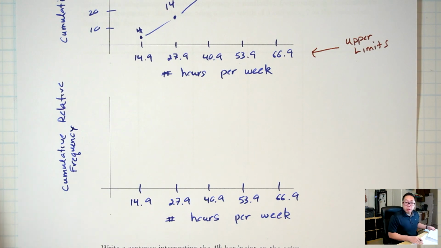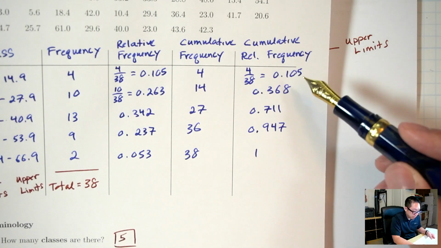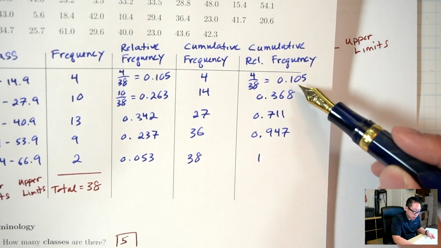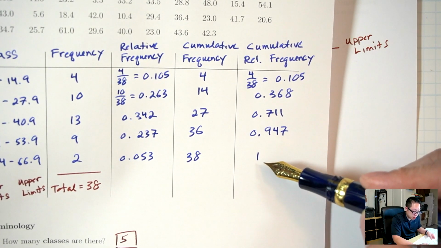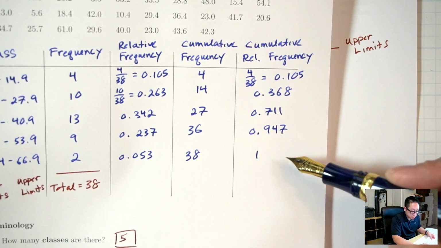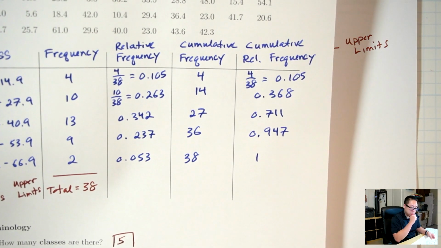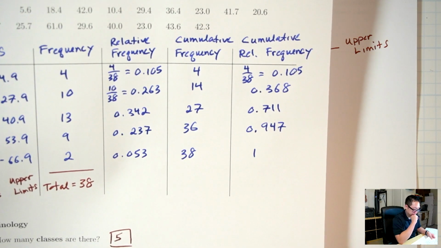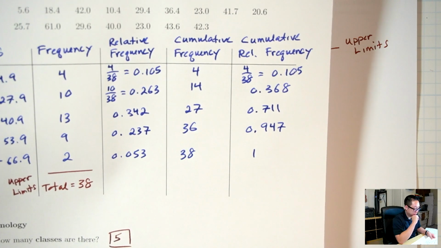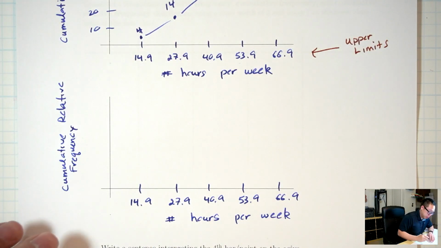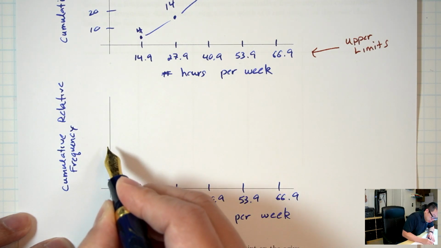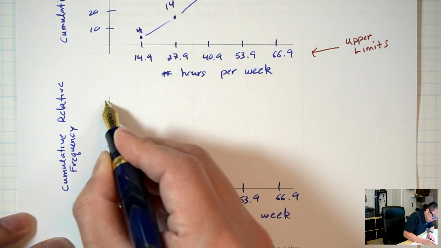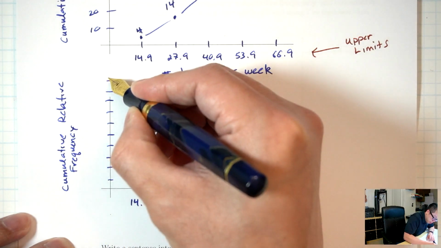All right, my cumulative relative frequency, 0.105, all the way up to 1.000. So I think I am going to go by, how should I do this? I think I'll make it easier myself. 1, 2, 3, 4, 5, 6, 7, 8, 9, 10.